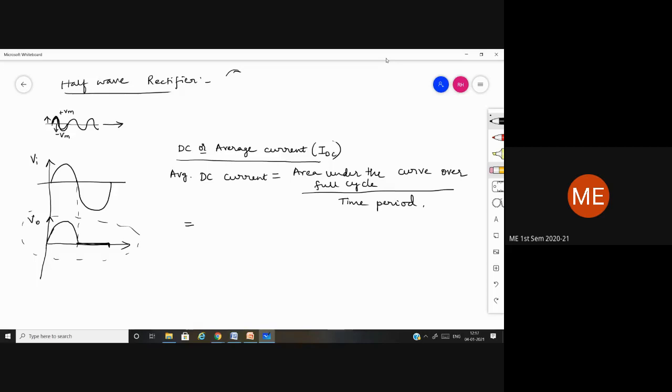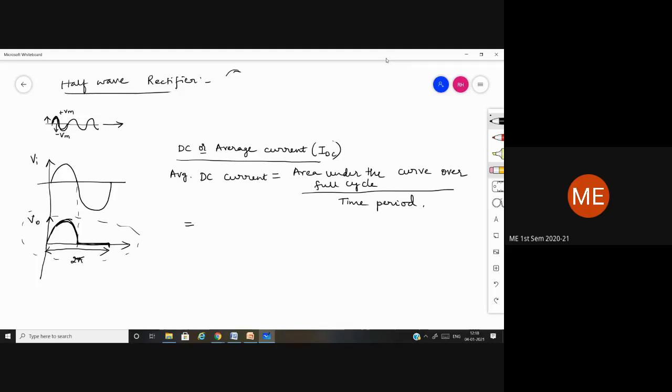Can I call this a curve? Yes, sir, it is a curve. So according to the formula, area under the curve over the full cycle. Full cycle means starting from here to here. So what is the length of the cycle? 0 to 2 pi. So I can take the length as 2 pi.